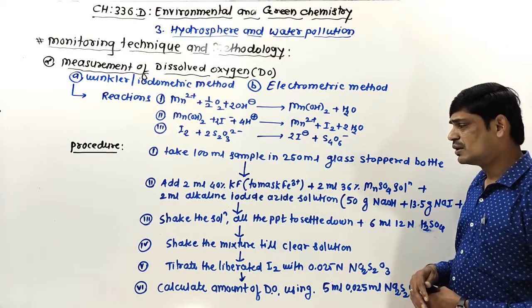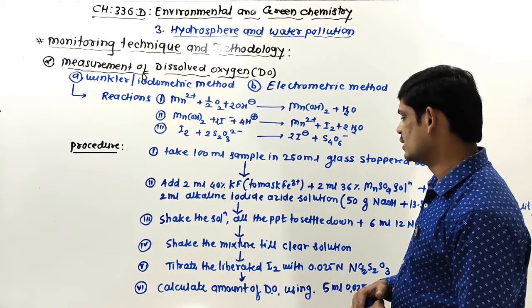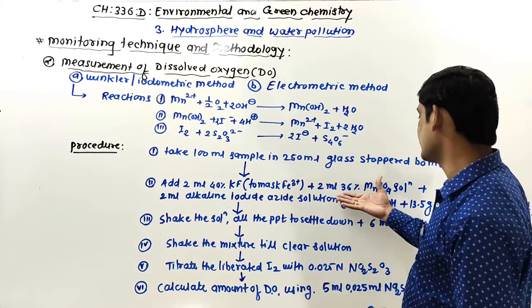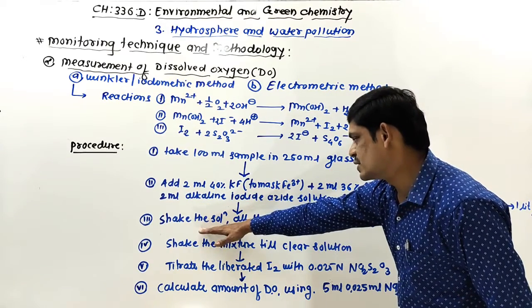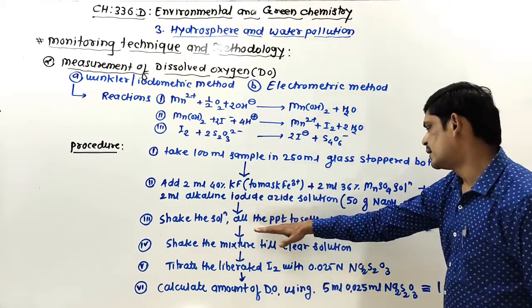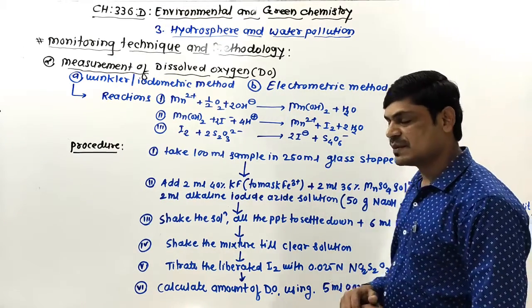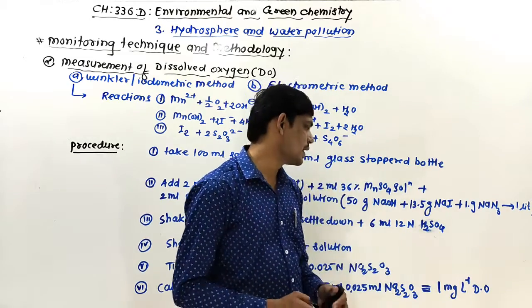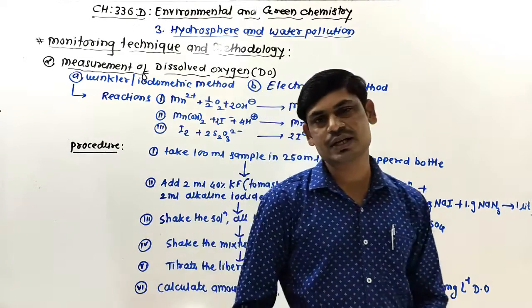In the next step, as per the discussion, the precipitate will be formed in the previous case. The precipitate is allowed to settle down, and into that precipitate we now have to add an acid. 6 ml of 12 normal H2SO4 is added into that.